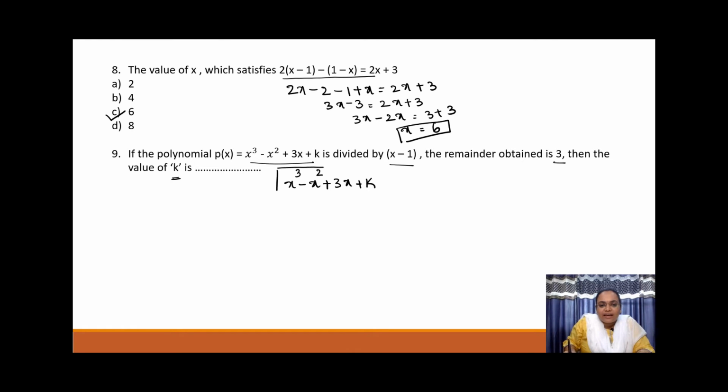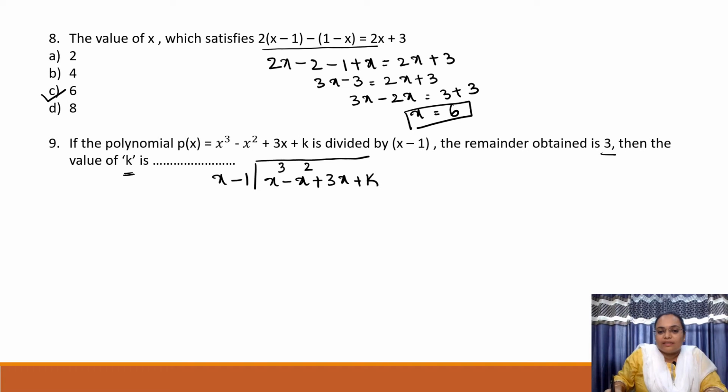We need to divide this polynomial by x minus 1. So how do we divide it? We'll take the first term of p of x, that is x cube. We'll take this x minus 1 as g of x, and divide by the first term of g of x, that is x, which gives x square.